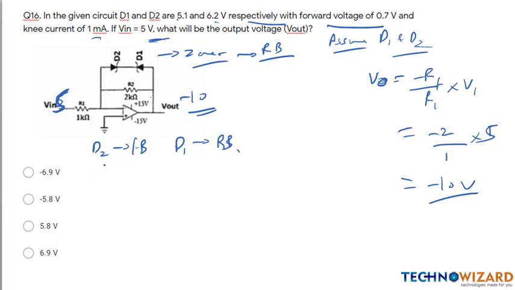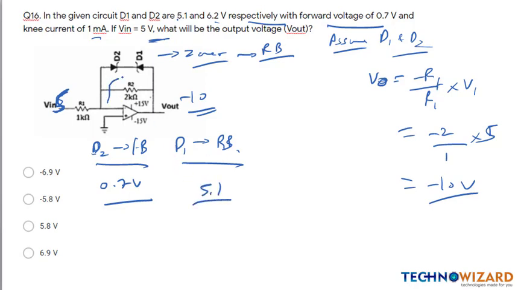Then the voltage across D2 will be 0.7 volt as it is forward bias, and D1 is reverse bias, therefore the voltage across D1 is 5.1 volt.